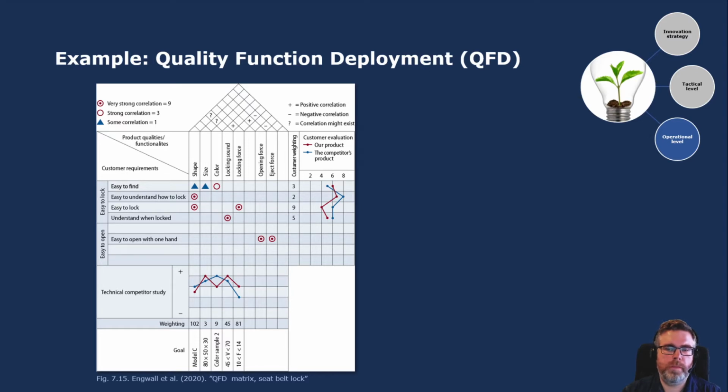You can also take a look at how your product is competing with other competitors' products at the market, and do a comparison with this. So it's a qualitative tool for developing new products within companies.